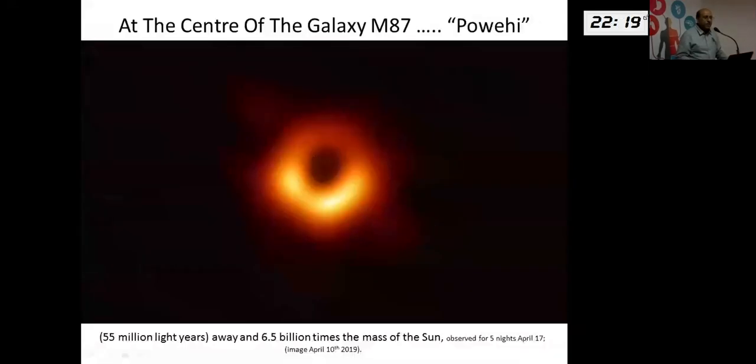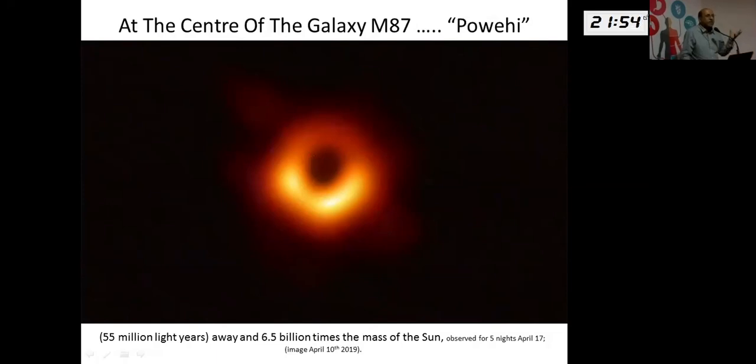We have radio telescopes all around the world, and there was this project that summoned up all 5 or 6 radio telescopes all around the planet, focusing on a certain area in the cosmos. At the center of the galaxy M87, collecting data for 5 consecutive nights 2 years ago.